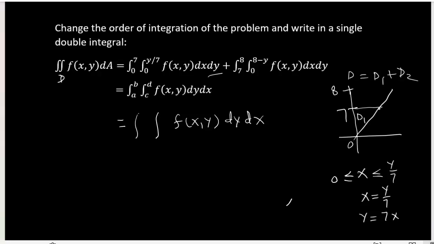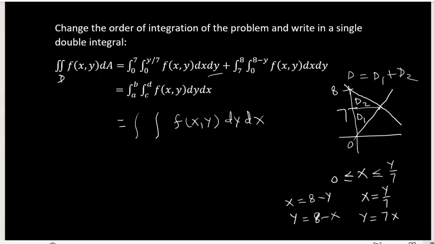So that means x equals 8 minus y. From here you can say y equals 8 minus x, right? If you draw this one, you'll see that it will go like this. So this is my second domain here, D2.